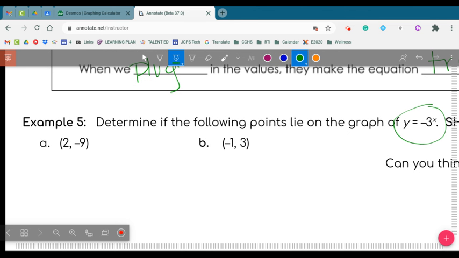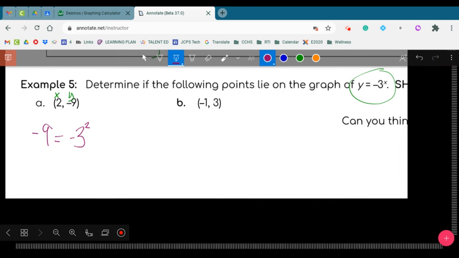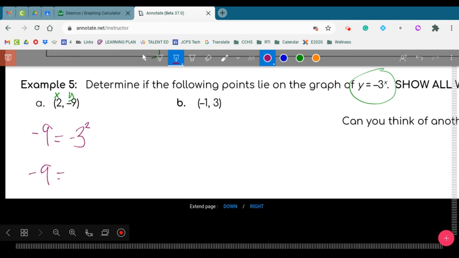For this first one, I'm going to plug in -9 for y, because this is my x and this is my y. So I'm going to have -9 equals -3 to the second. Now, -9 equals -9 because -3 squared is -9. So this would be true. So this one is a solution.